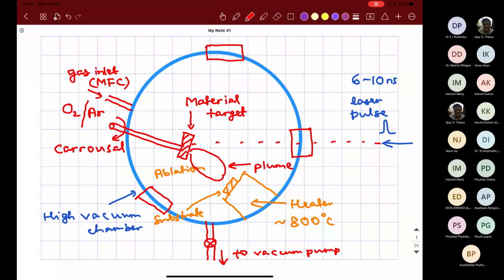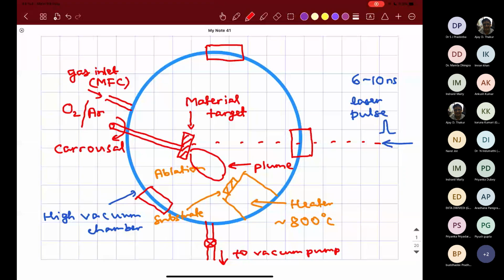Many pulsed laser deposition systems come with a facility known as RHEED. This is basically an electron diffraction approach to estimate layer by layer growth of the film on top of the substrate. So this is primarily what I wanted to convey regarding the PLD.